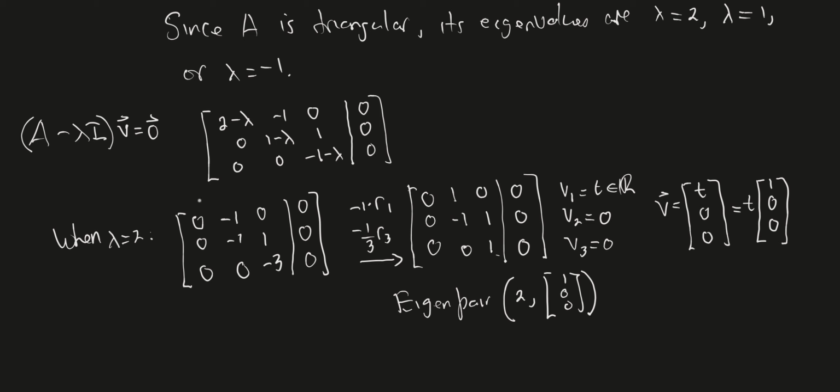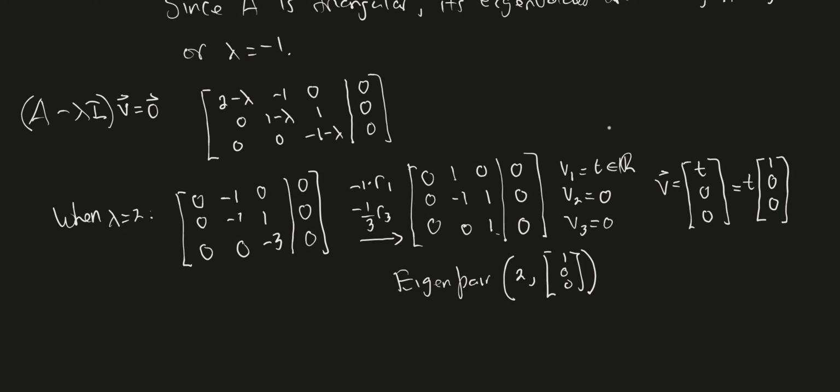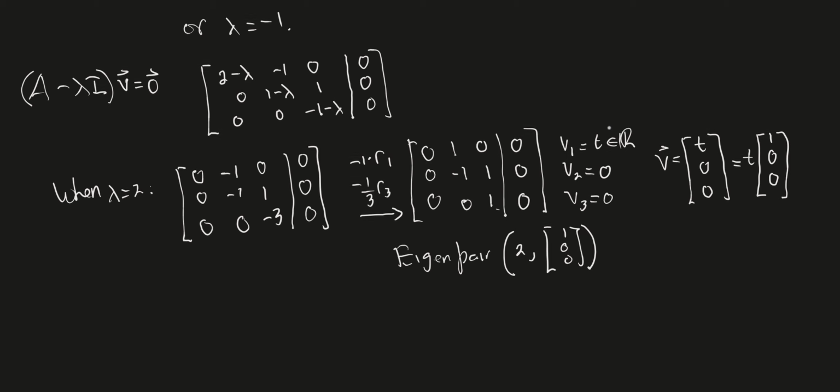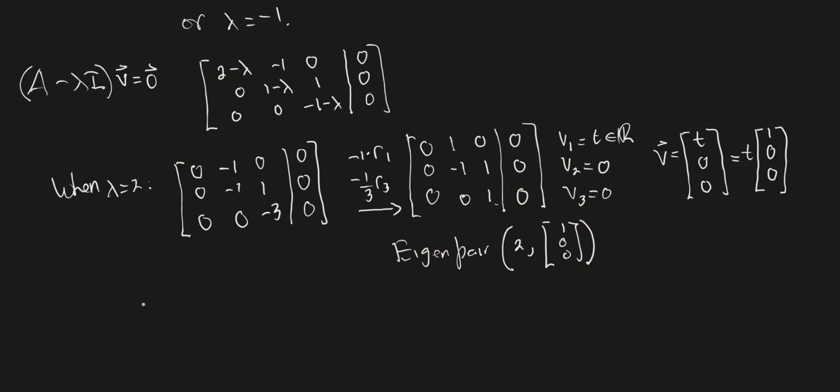So then let's repeat the process and say, well, what happens when lambda is equal to 1? Okay, well, let's see. Again, we're going to get a fairly simple system, but again, it's just a matter of how we interpret it. So when lambda is equal to 1, the homogeneous system becomes, plugging 1 where we have all the lambdas, 1, -1, 0, 0.